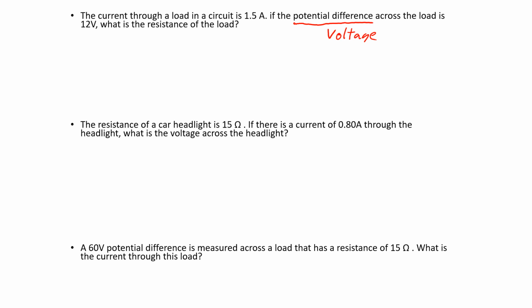Now, how you should start every question is you should write down the current, the resistance, and the voltage, just like that. And if the question tells you one of these things, then fill it in. It says the current through a circuit is 1.5 amps.